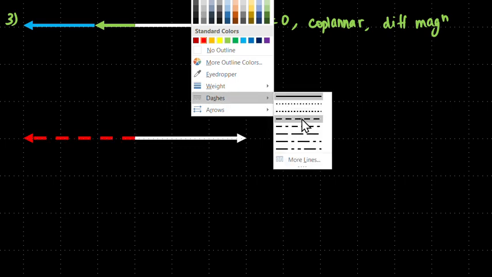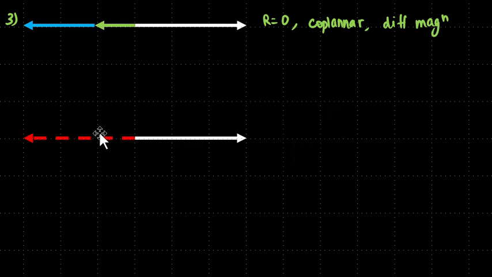I'm going to make it a dotted line, which means this is a vector caused by a resultant. Let's copy this and put this over here as well. So this red vector is caused by these two vectors. These two vectors form that vector that will cancel that out.